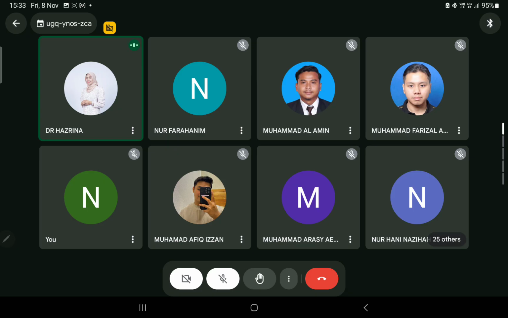Afiq, where is the answer? Where did you share it? In the group, doctor. Okay, hold on, let me check. It's not very clear, but yep, we can have it. So I want you to explain to us. So I will share the screen and you have to explain the solution, okay?